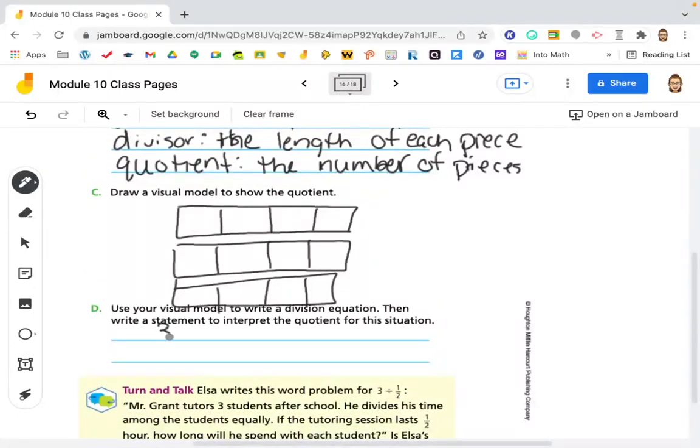So we do 3 divided by 1/4 equals, we have 12 pieces. So Elsa has 12 1/4 foot pieces of wood.